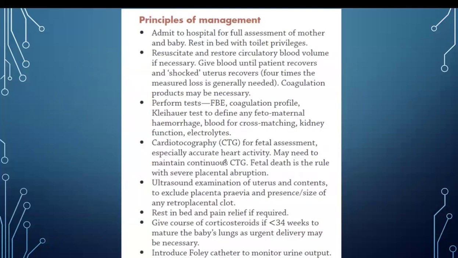Management. Again, this patient can be bleeding more than a placenta previa patient. So resuscitation is the first thing, and do some blood tests if you can. Do an ultrasound and CTG. CTG is for fetal assessment to see if the baby is in fetal distress. And many times the bleeding can be so severe in this patient that fetal death can happen.